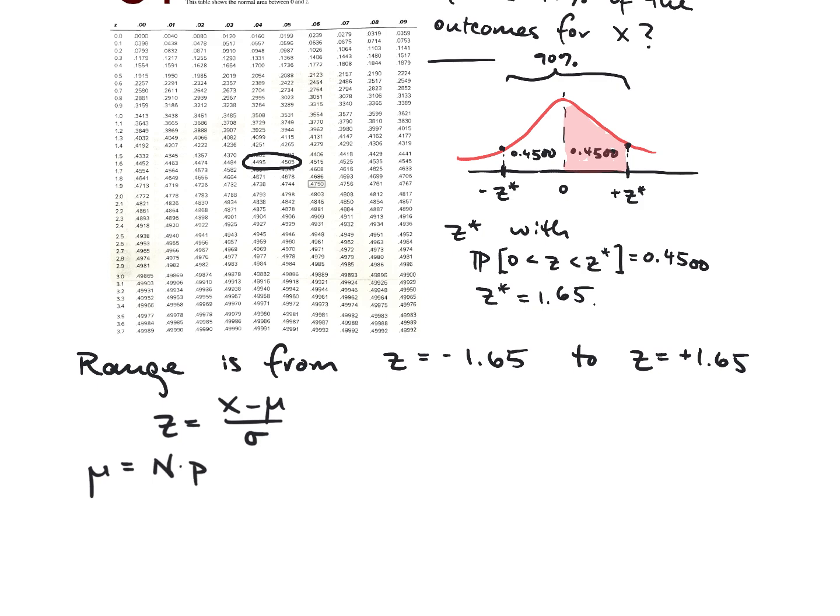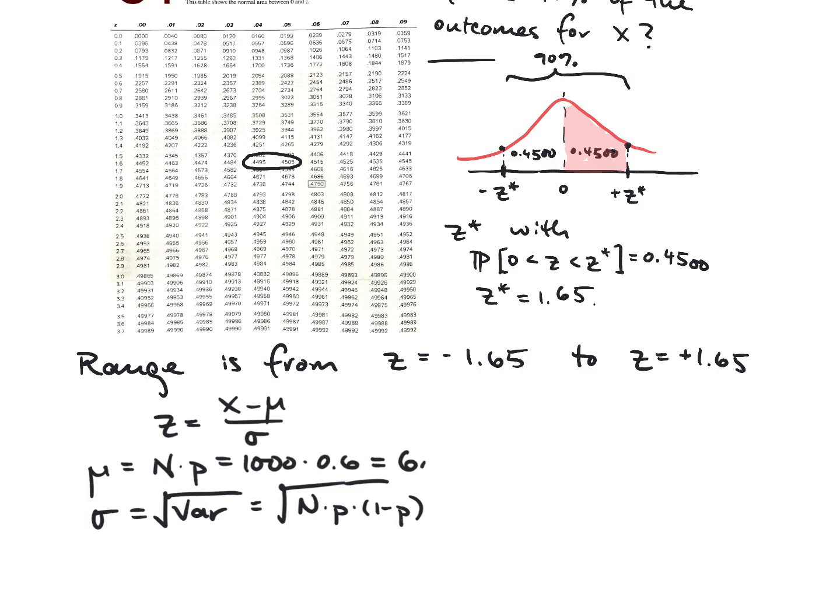And sigma is the square root of the variance, so it's the square root of n times p times 1 minus p. All right, plugging values in. The mean is 1,000 times 0.6, 600 people. Mean, expected value, average, they all have the same meaning.